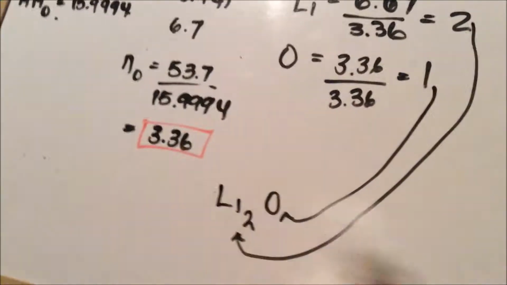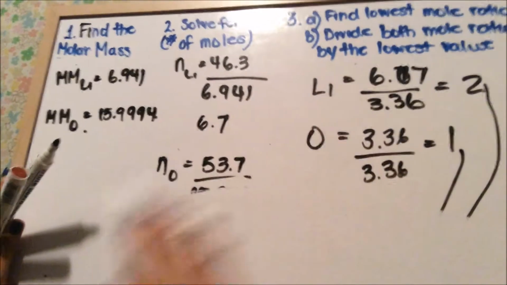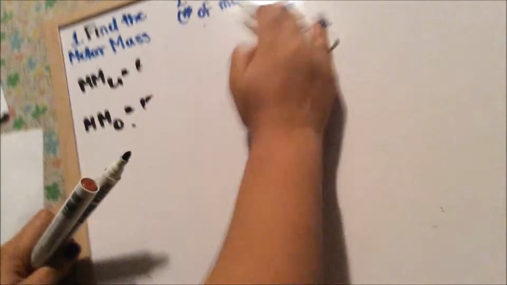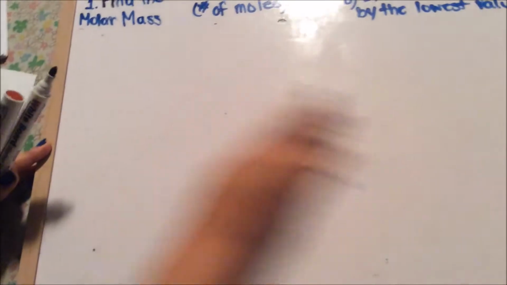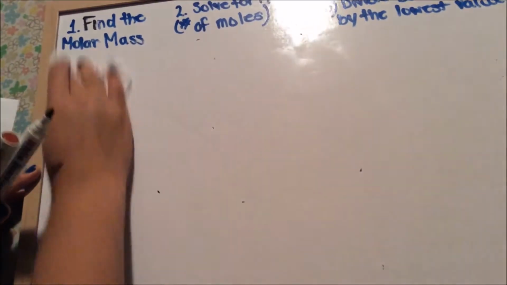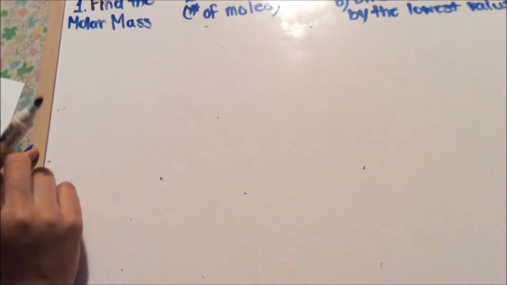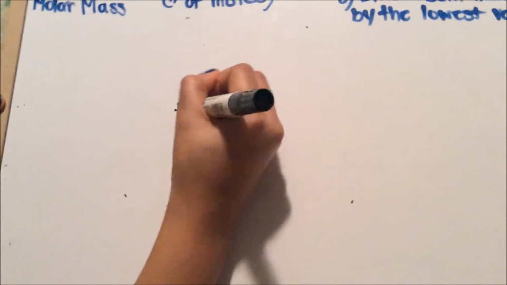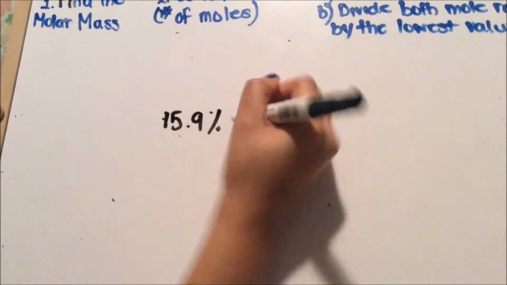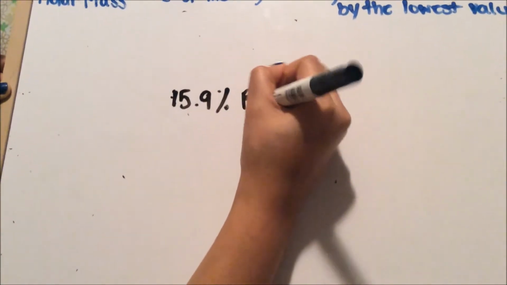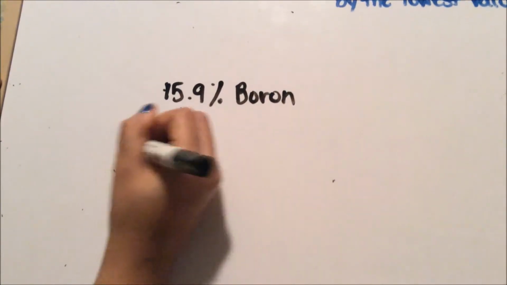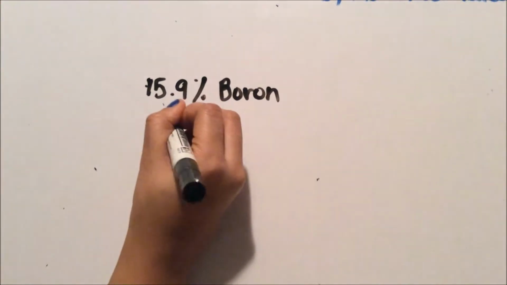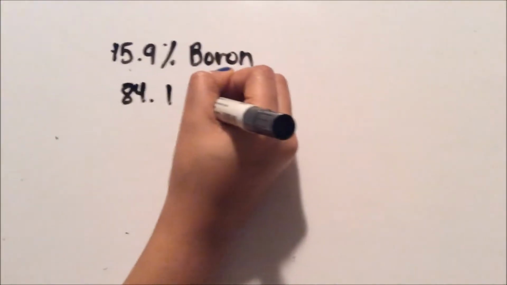And then I will do one last question. So we have 15.9% boron and we have 84.1% fluorine.